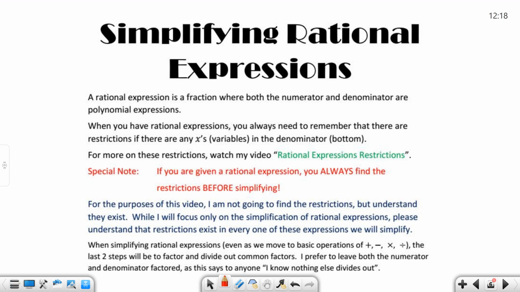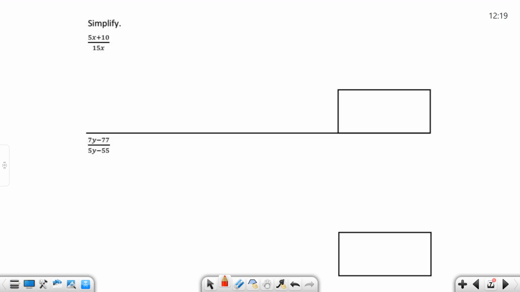Don't worry about what the crazy guy on YouTube says. You can pay attention to me on how to do the math, but things like that, your teacher wants it written a certain way, you do what they want because you're in their class. But that's what I prefer, because I require my students to do that, and I say, look, this tells me you know it factors and you know nothing divides out.